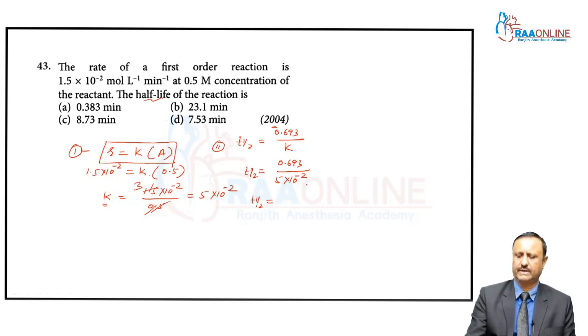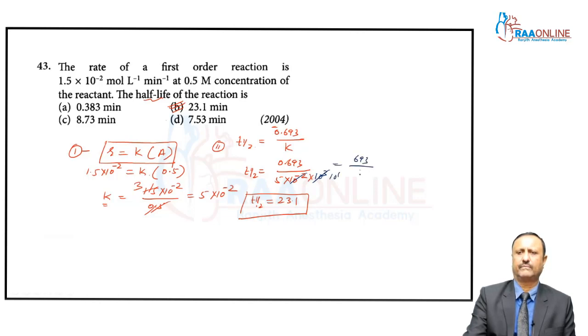Your answer is 23.1, and this answer is present in option B. B is the correct answer, my dear students. When you multiply this, you get 10 to the power 3, they cancel with each other, and you get 10 to the power 1.